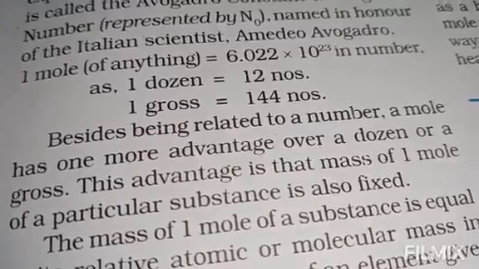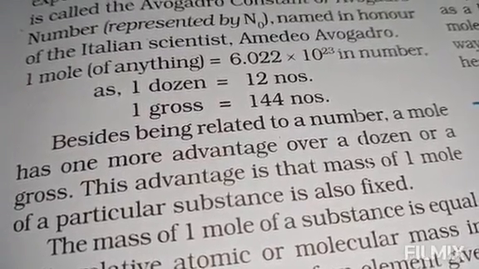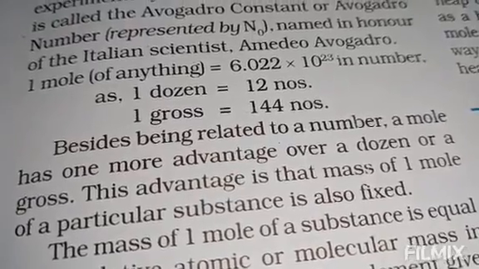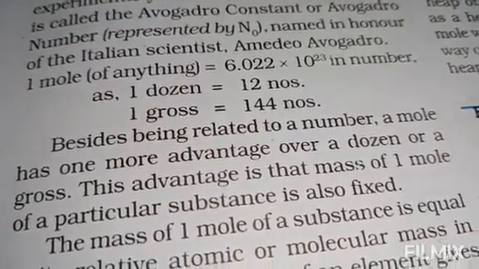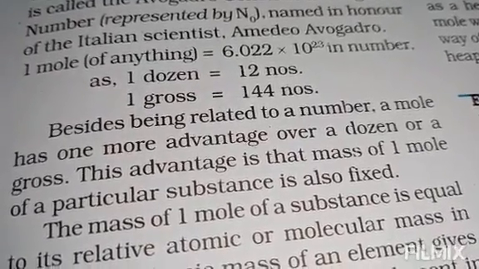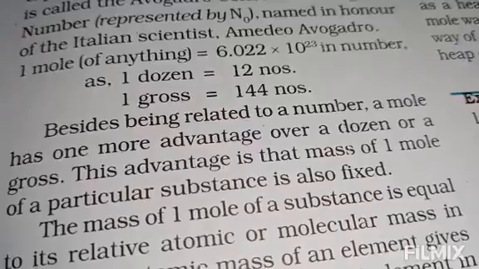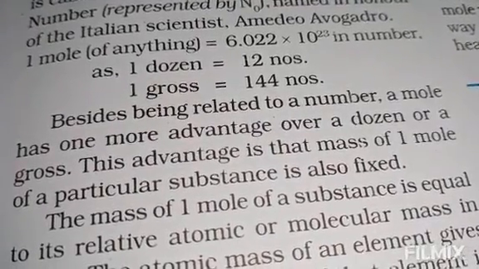If we say 1 gross, then we have 144 particles. If we say 1 mole, then you have 6.022 into 10 to the power 23 numbers. So the expression in terms of mole has an advantage as it can express a fixed quantity.